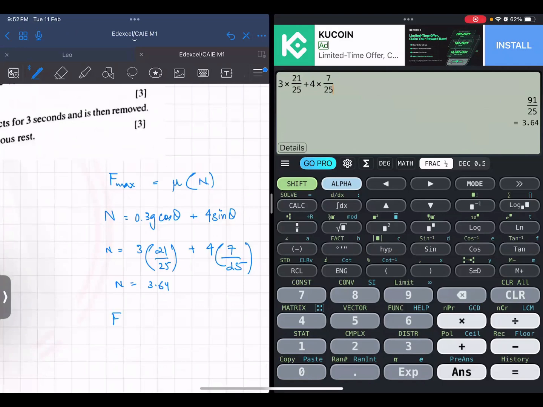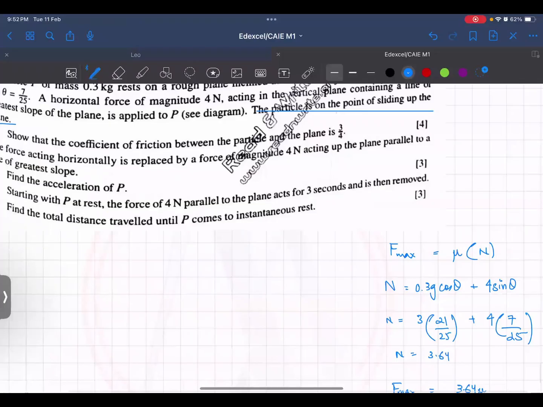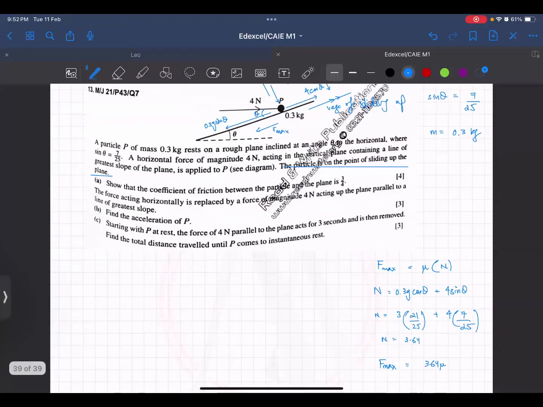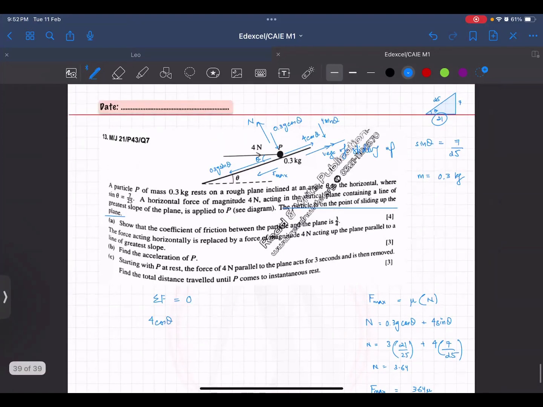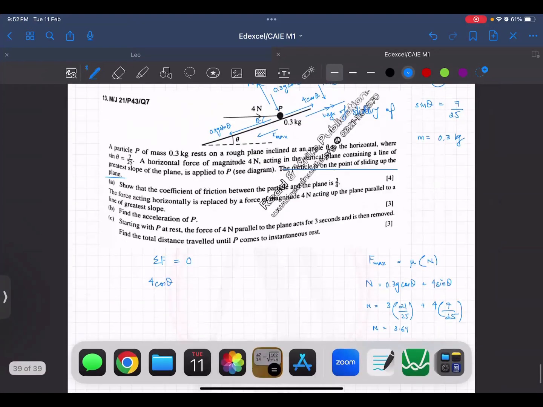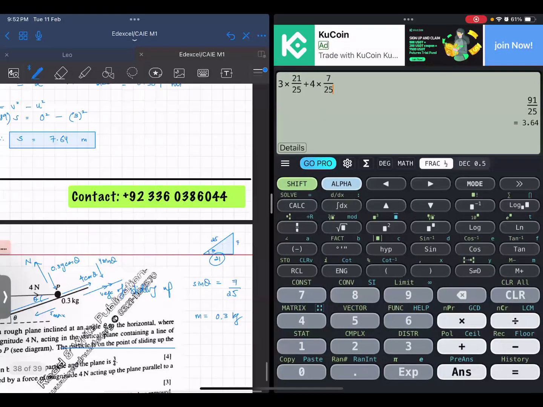So F max is equal to 3.64 mu. Now we have to set the resultant force to be 0, because it is in limiting equilibrium, on the verge of moving up. So the force moving up is 4 cos theta. Sir, it will be 24/25, no? I think I've made a mistake in simplification. Let me confirm.